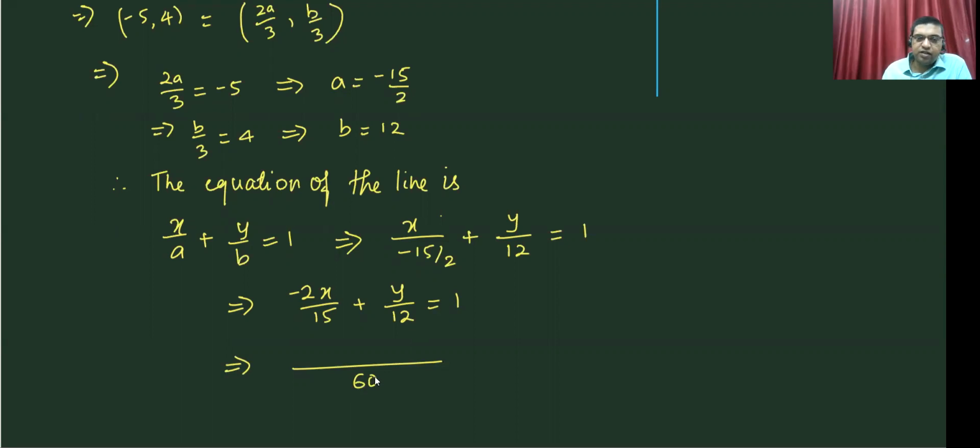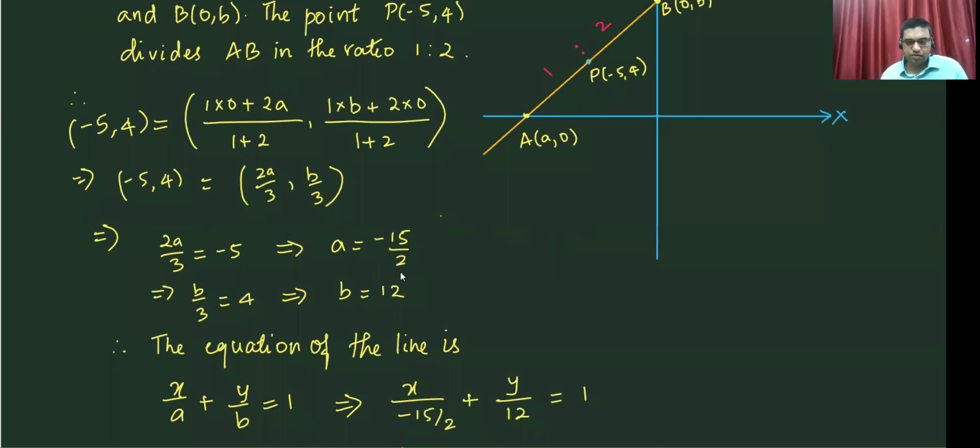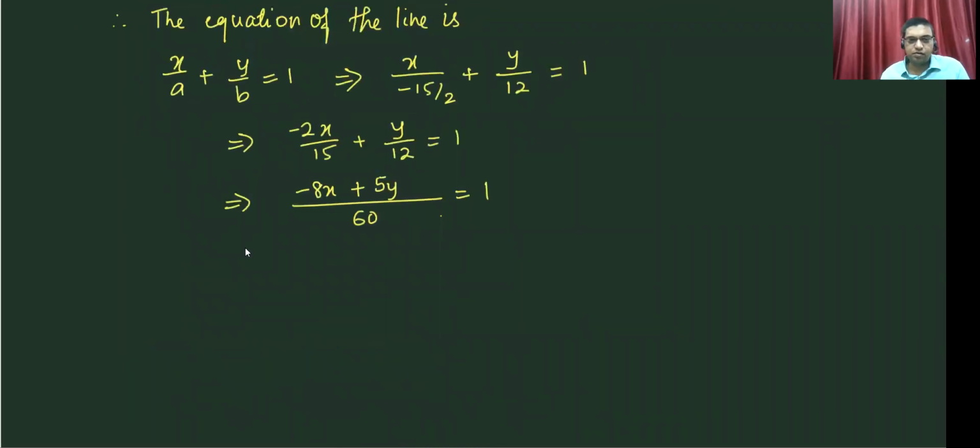So 60. 15 into 4, 60. So minus 2x into 4 is minus 8x, plus 12 into 5, 60. So multiply the numerator with 5. So 5y minus 8x plus 5y. So this gives minus 8x plus 5y equal to 60.